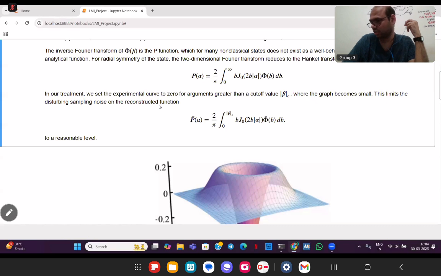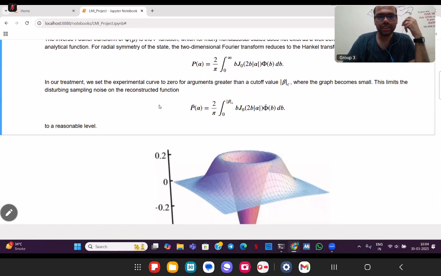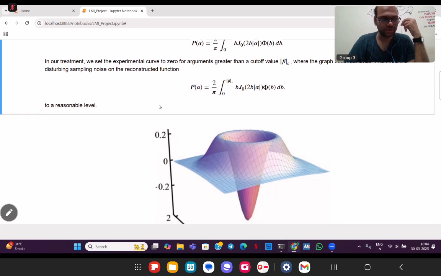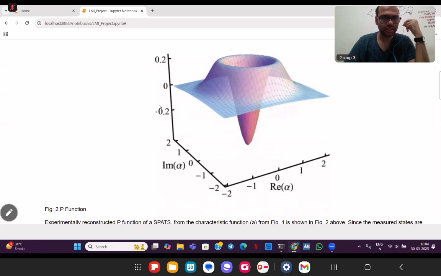In practice, we don't integrate this to infinity. We integrate up to a cutoff beta c, because after this the contribution of phi of beta becomes negligible, and because of this we get a stable reconstruction. The P function derived this way is shown in this figure.